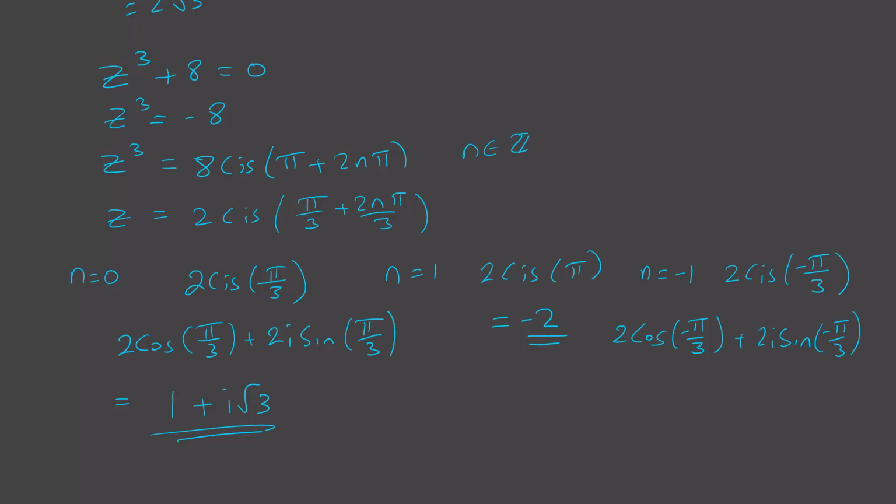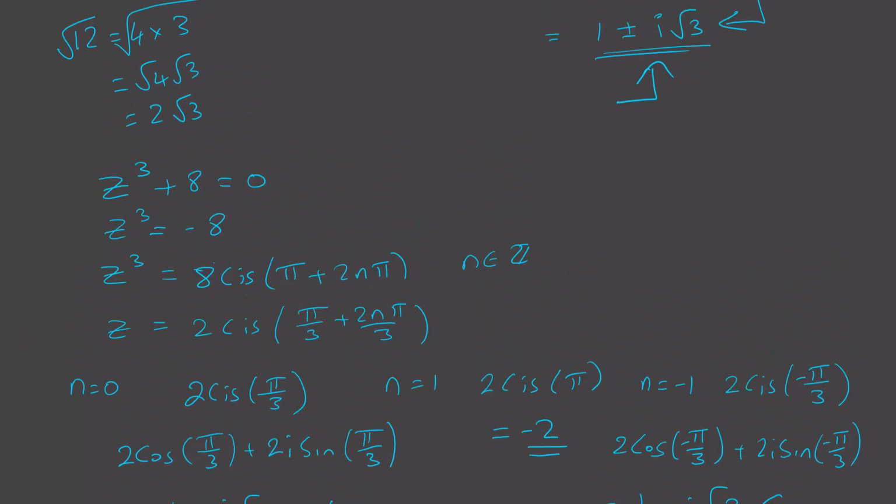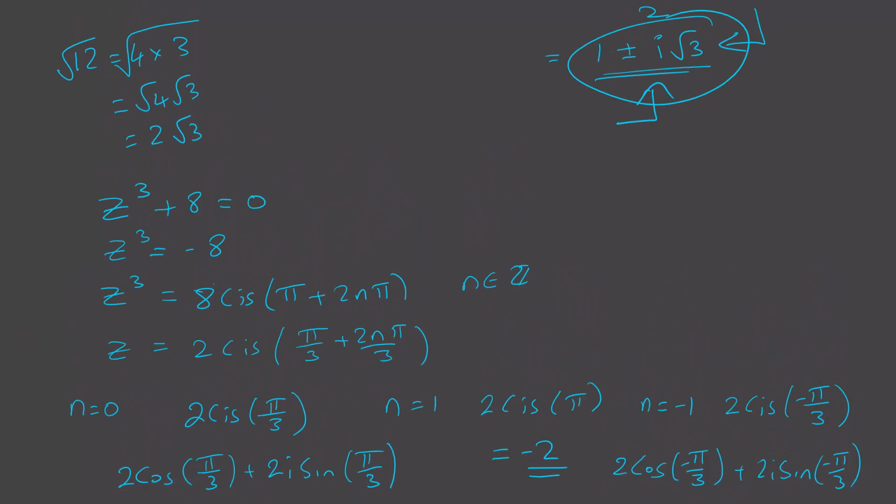Now cos of negative pi by 3 is a half, so that still gives me 1. Sine negative pi by 3 is negative root 3 over 2, so that gives negative i root 3. Once again, note complex roots are a conjugate pair, and they are the same as what we found earlier.